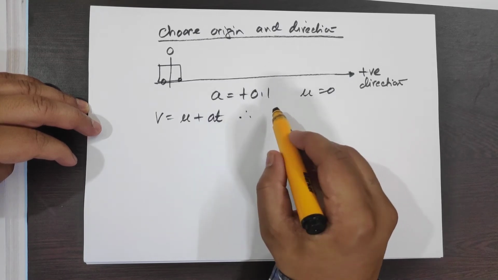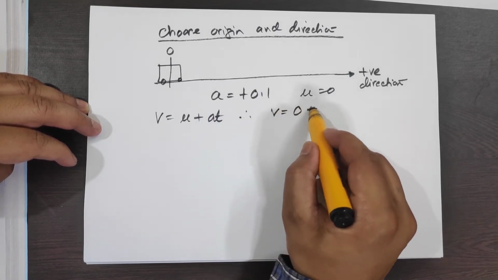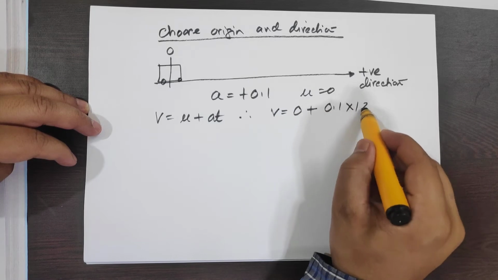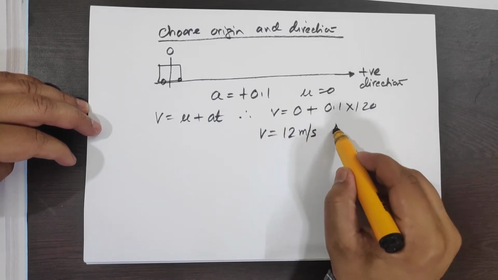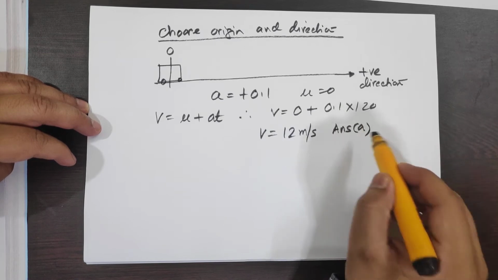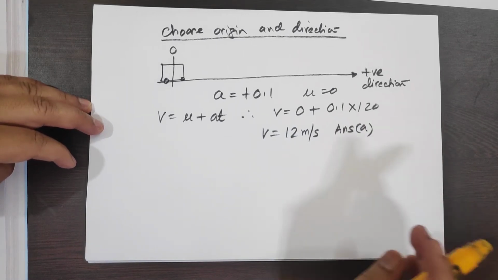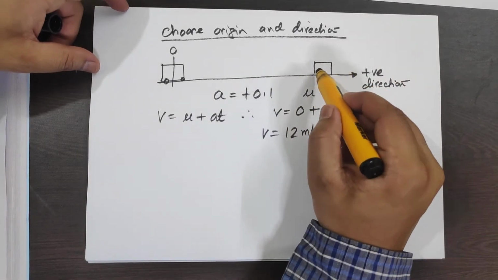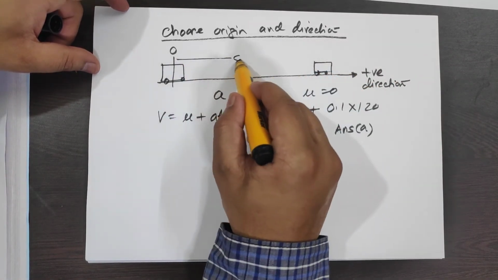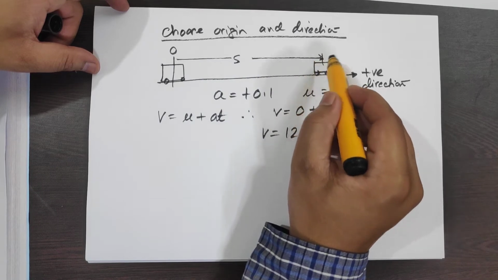So we will use the first equation to find out velocity. v equal to u plus at, so v equal to 0 plus 0.1 into 120, so v is 12 meter per second. This is answer to A. Now in the next part it is asked, find the distance traveled. Distance traveled means this displacement obviously.